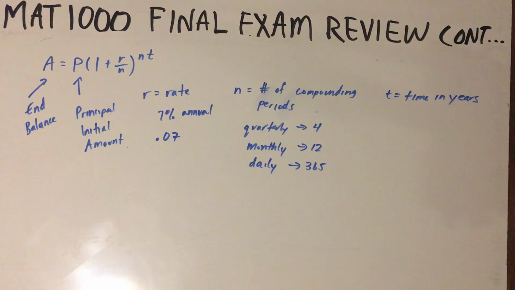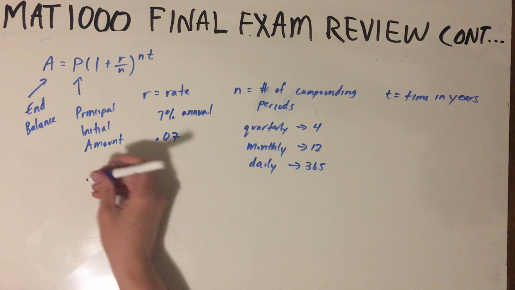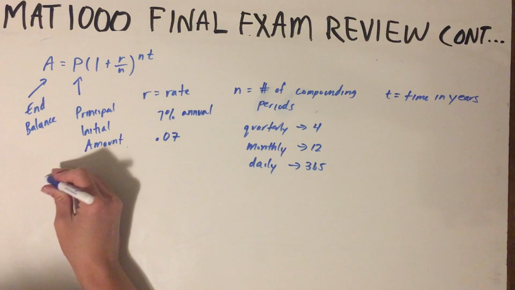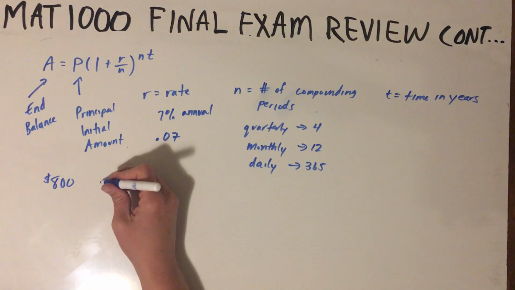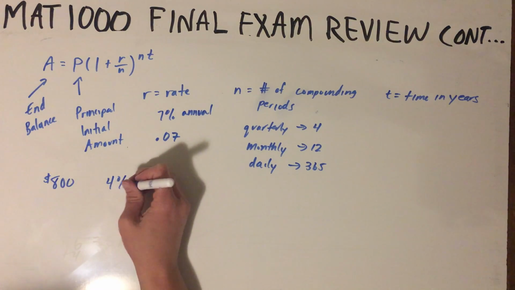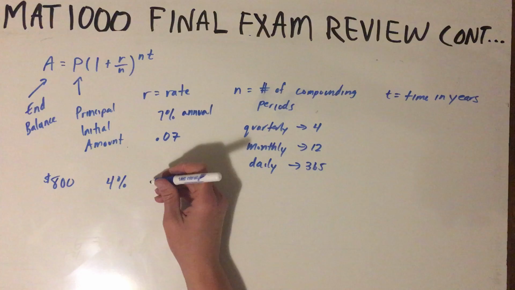Okay, so what will this problem look like? Let's say that we have $800. And we want to invest that at a 4% rate that compounds monthly.